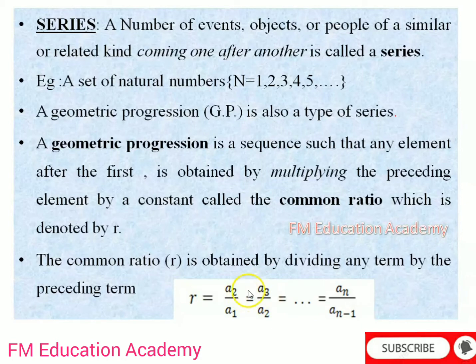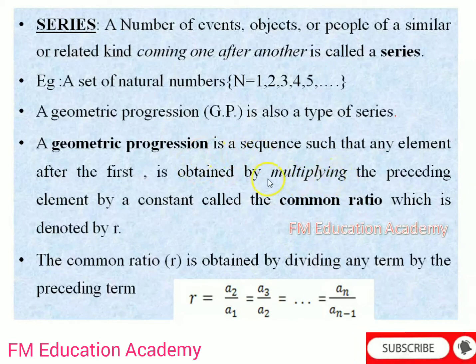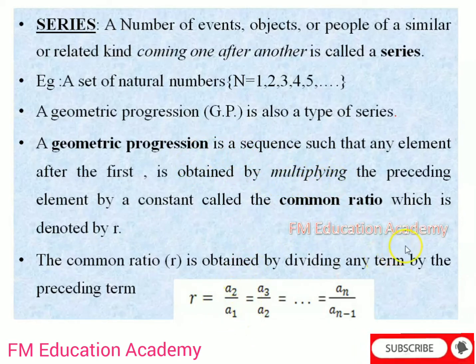In case of AP, it was a difference because it was obtained by adding a term. That is why by finding the difference, we found the common difference in arithmetic progression. But in geometric progression, it is obtained by dividing. Remember that, because here we have multiplication. Geometric progression means it is obtained by multiplying, so the common ratio is obtained by dividing.